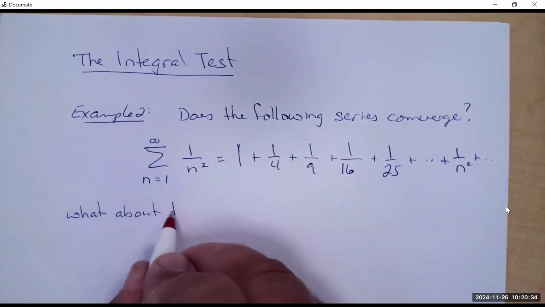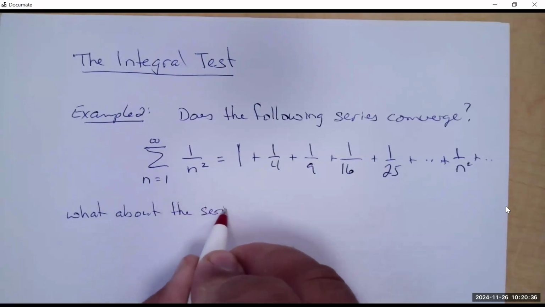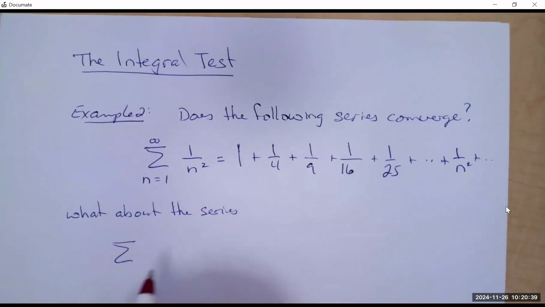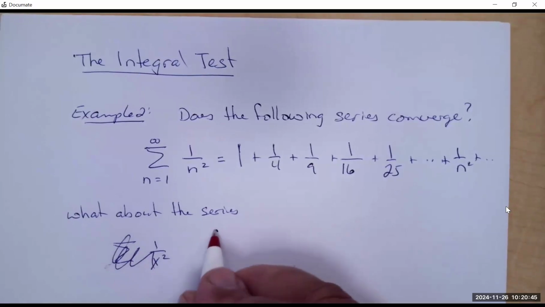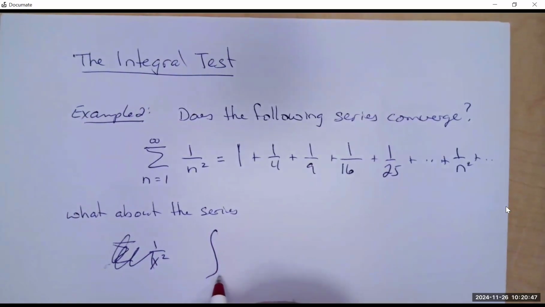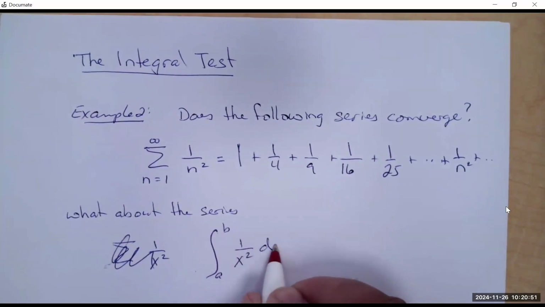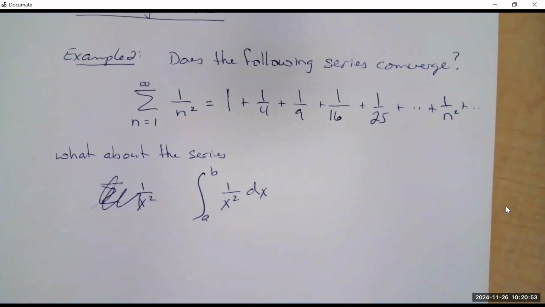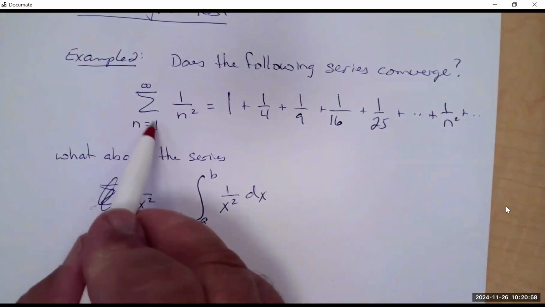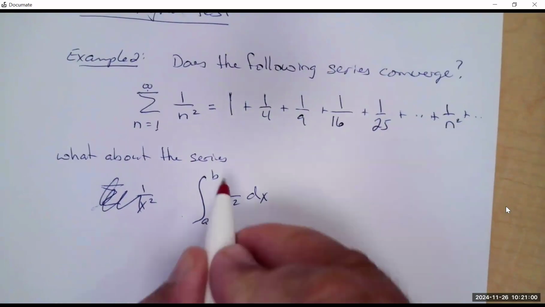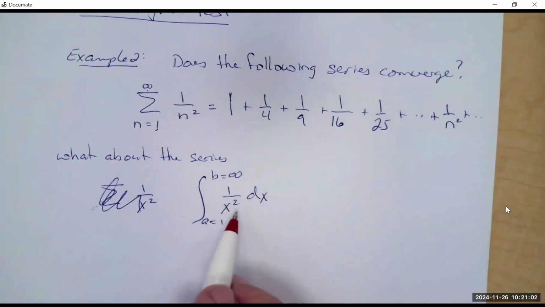What about the series 1/x squared? Not the sum, but the integral from a to b of 1/x squared dx. We're going from 1 to infinity, so a is 1, b is infinity. What about that?